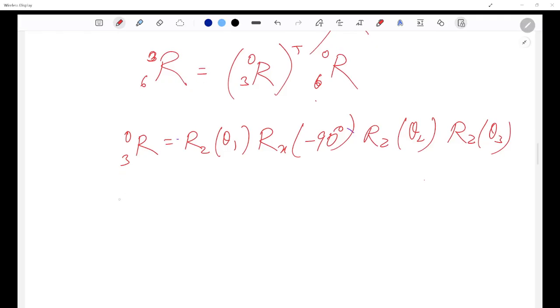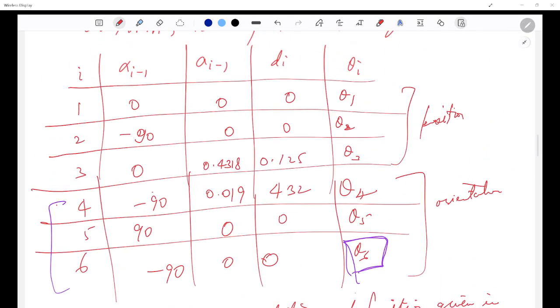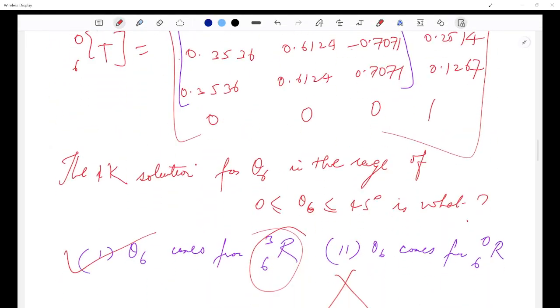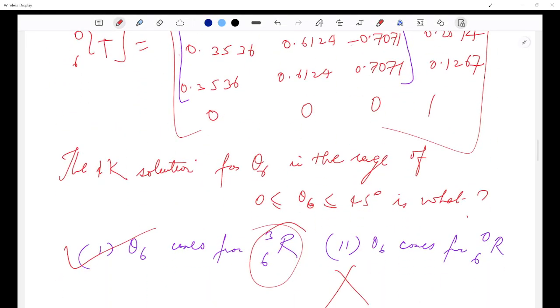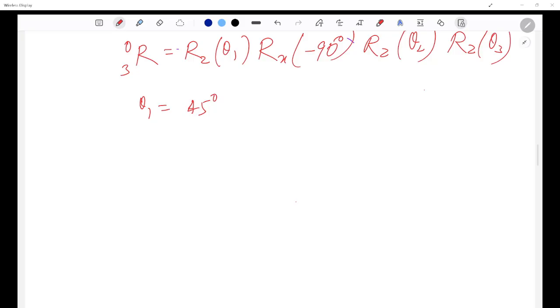And when we substitute, theta 1 is equal to 45 degrees, I guess theta 2 was 60. This is something that I have taken from the notes directly. Okay, so theta 2 is equal to 60. So this is what has been there in the notes.